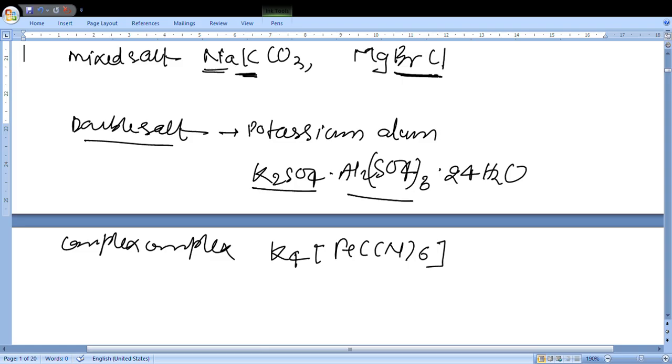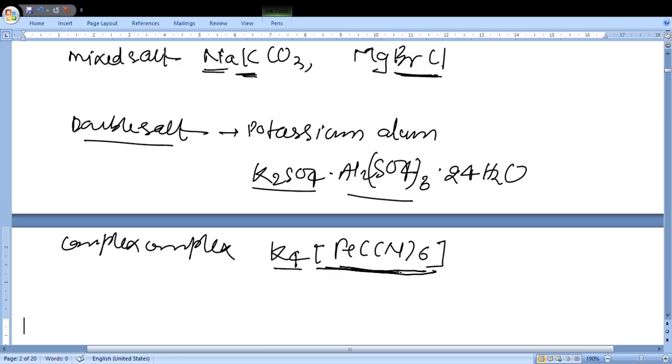But when they are combined with water of crystallization, they will be converted into what? Double salt.